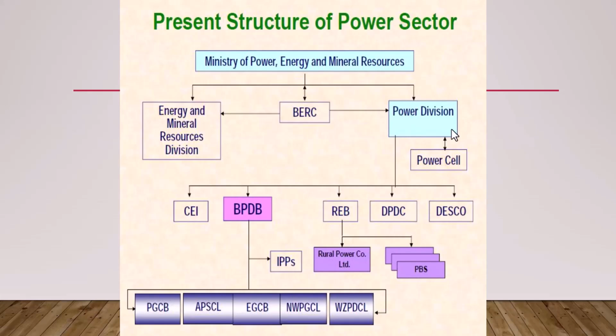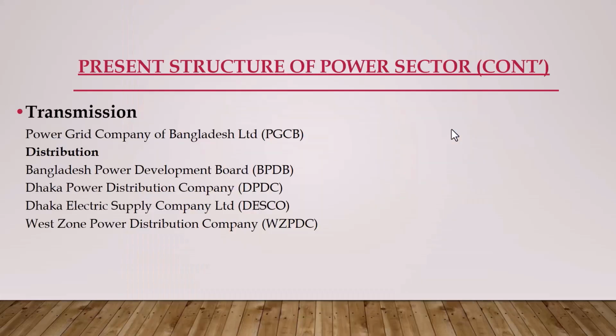In the structure of the Bangladesh power sector, once electricity is generated, it has to be transmitted efficiently across long distances before being distributed to homes, businesses, and industries. This entire process is managed by specialized entities.